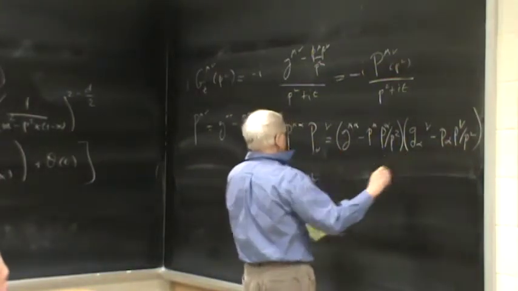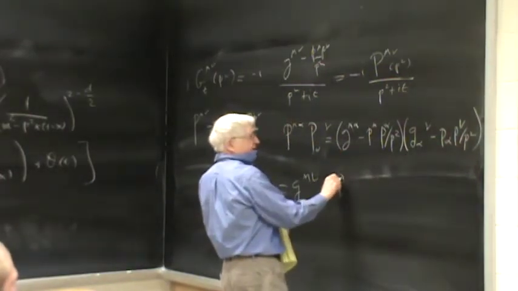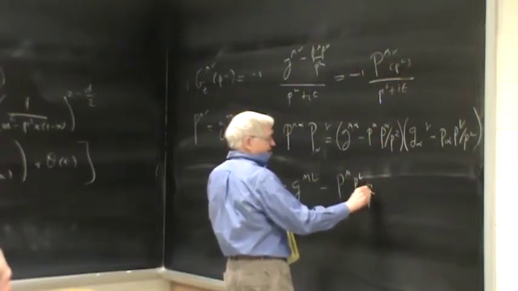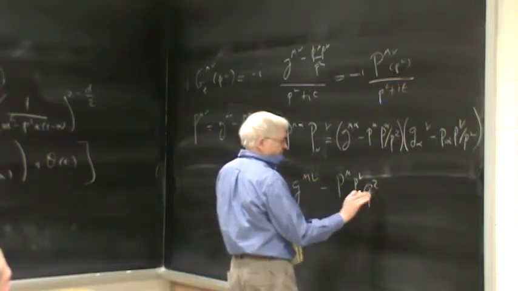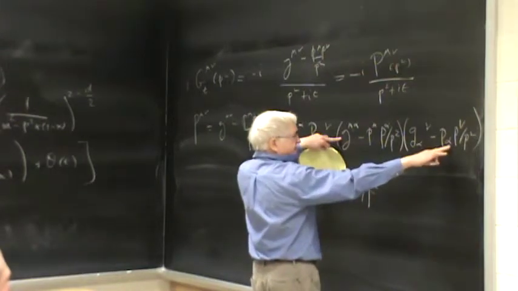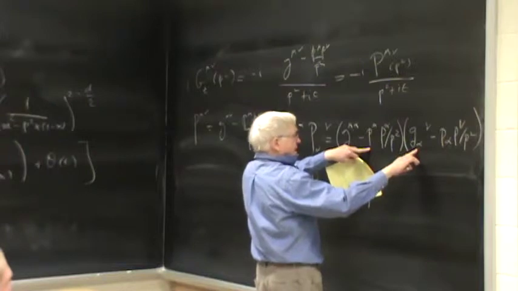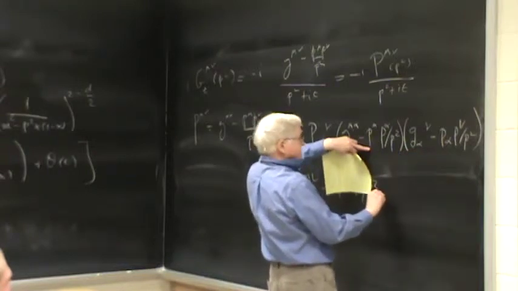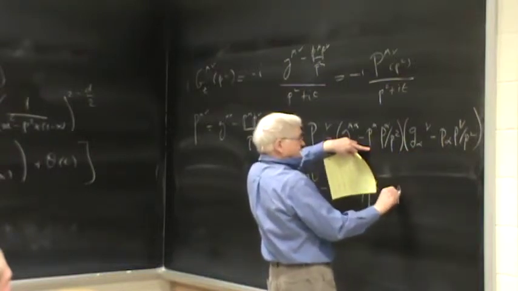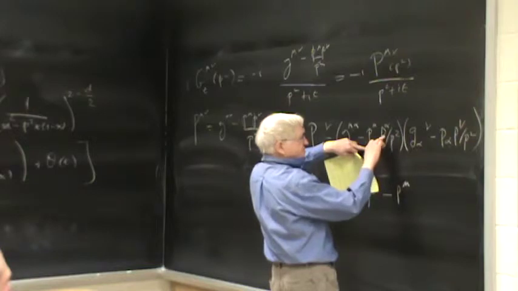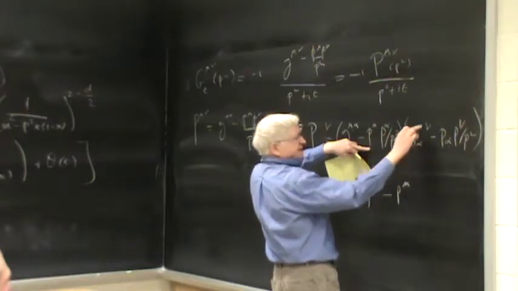Summed over here, we get minus P mu P nu over P squared from these two. And now we do these two. This one is minus P mu, and this thing is effectively delta nu alpha.